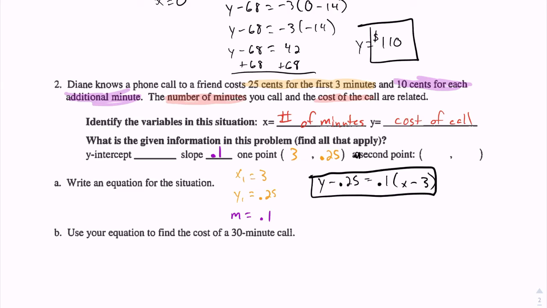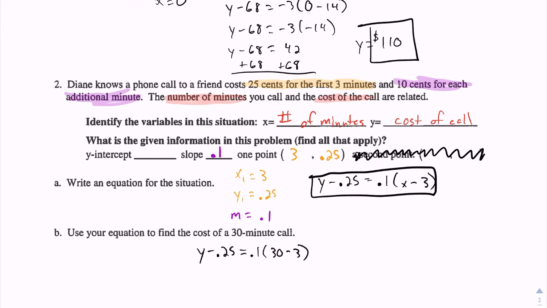Okay, and again, we don't need a second point. If they give us the slope, no need to even try to find a second point. Okay, use your equation to find the cost of a 30-minute call. 30 minutes is your x value, so put that in for x in your equation. You get y minus 0.25 equals 0.1 times 30 minus 3.